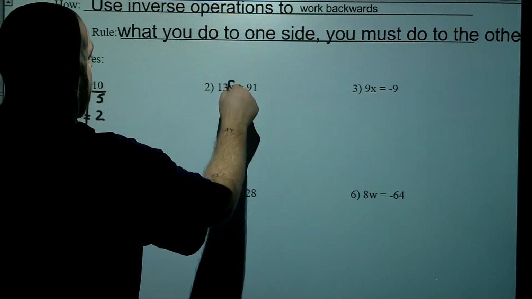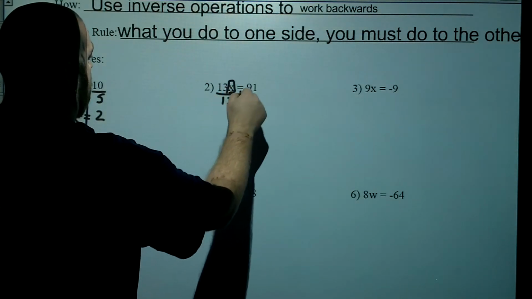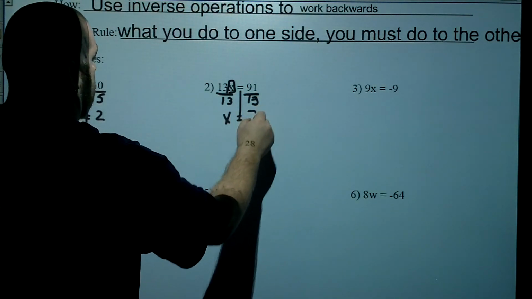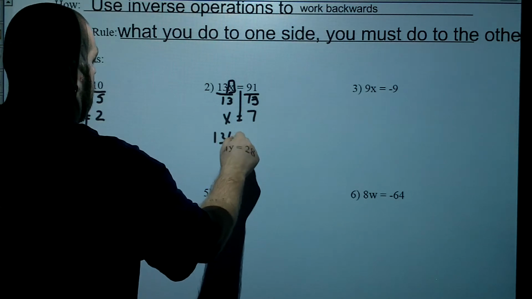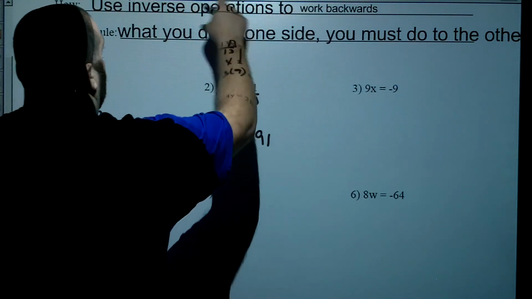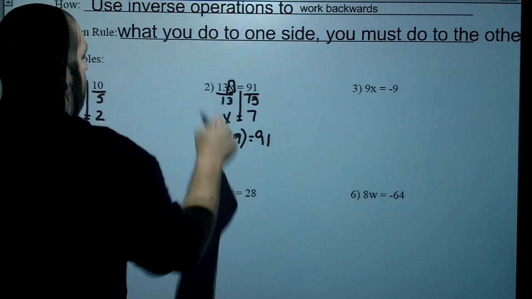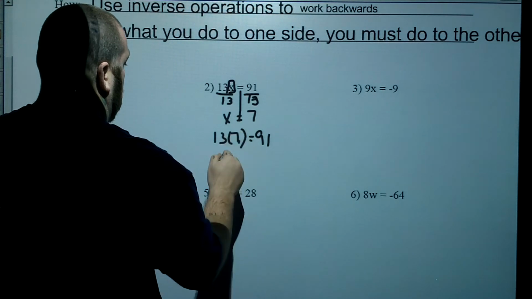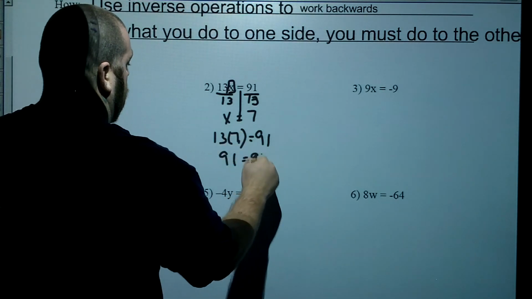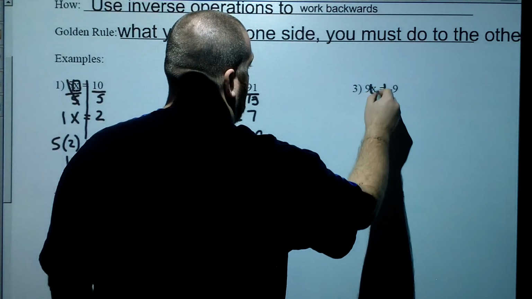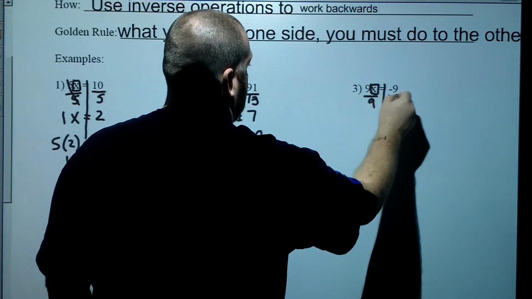Line down, box the variable. I divide by whatever's in front of x. So I get 7. To check this, 13 times 7 equals 91. And I'm going to make that a little neater so it doesn't look like a 9. 91 equals 91, which is true. Line down, box the variable. I divide by whatever's in front.